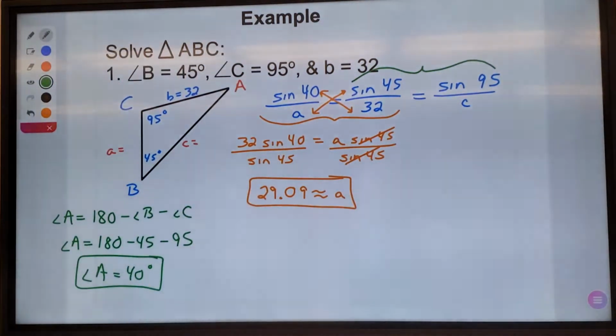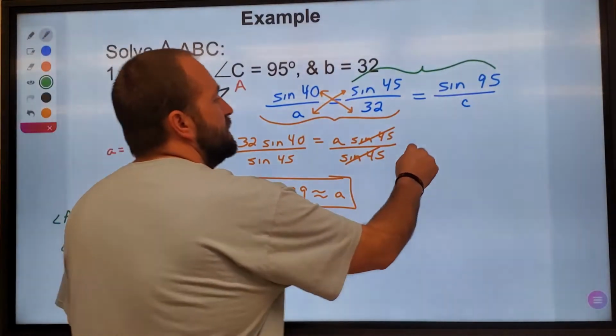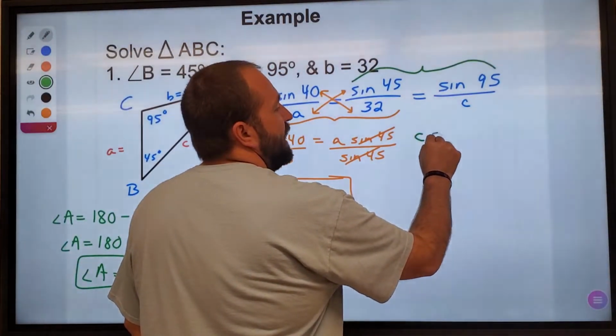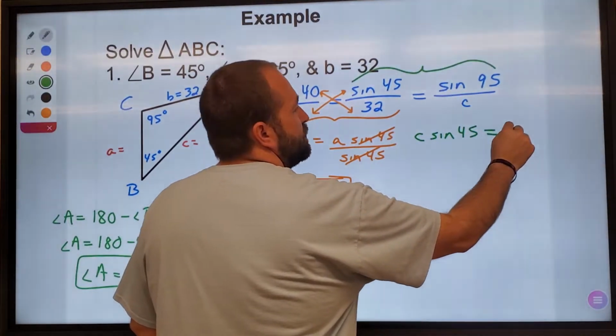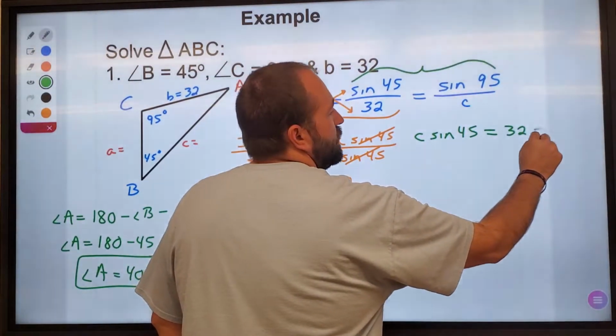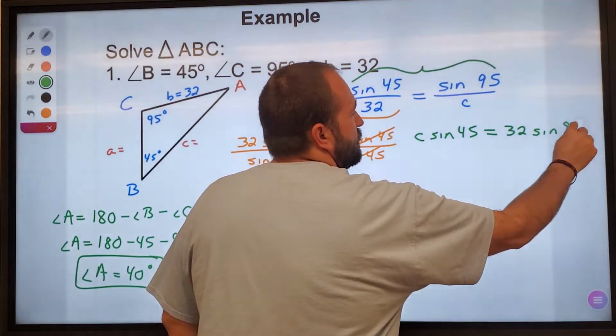Okay, so again I'm going to cross multiply, so here I have C times sine of 45 is equal to 32 times sine of 95.